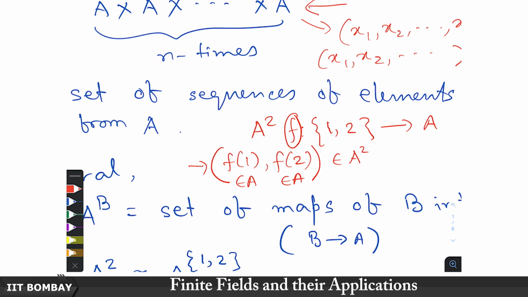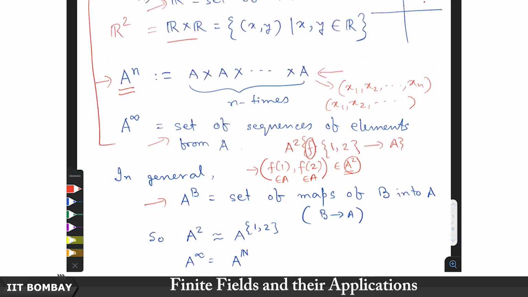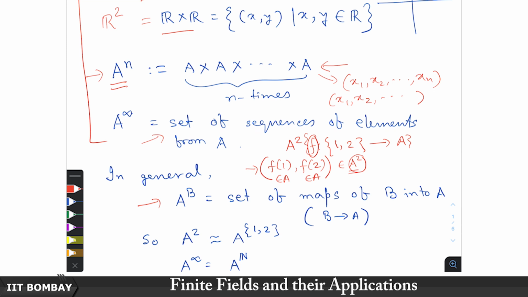So, when we have a map f from {1, 2} to A, that map also corresponds to an element in A2. So, the set of maps from the set {1, 2} to A is isomorphic to the set A2. This set of such maps is denoted by A power {1, 2}.